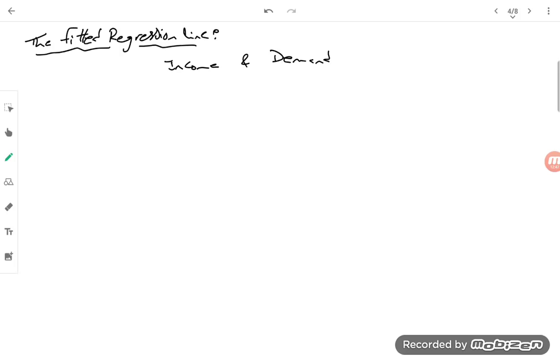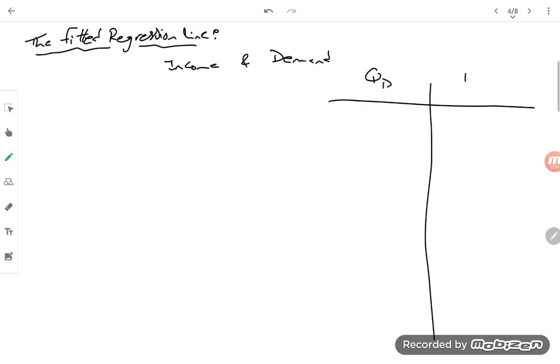Here is an example of some collected data. This is quantity and income. This is quantity demanded for different numbers of towns. Okay, so at a certain point of time, this is the number of units demanded in different towns.